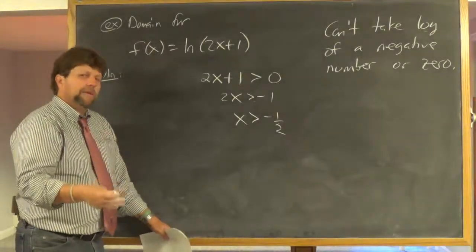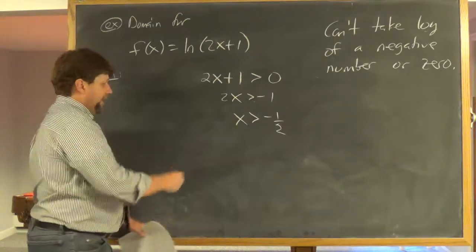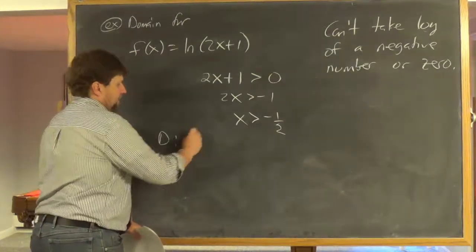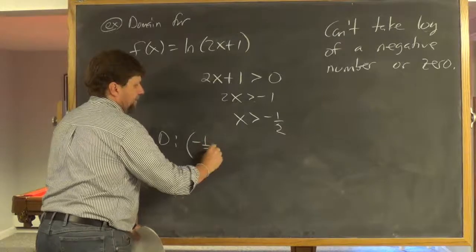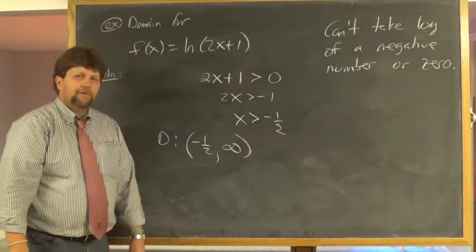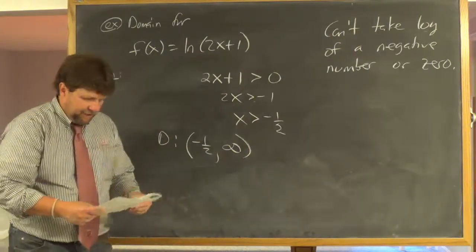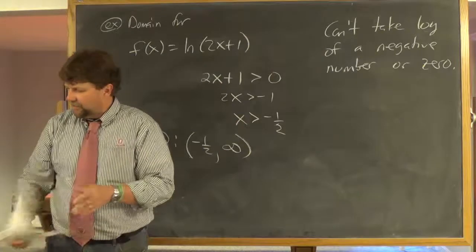But I'm probably going to want you to write the domain in interval notation. So in interval notation, it's parenthesis, -1/2, comma, infinity. And that's the domain. So that wraps up the topics you're going to see this week in college algebra.